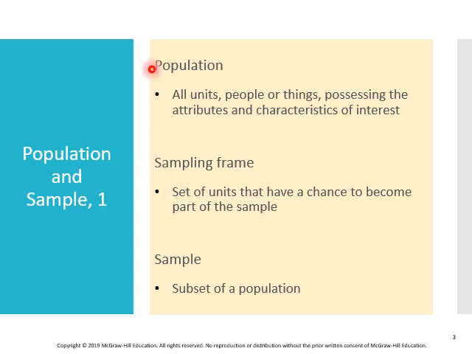So first off, let's talk about population. That's the first concept in this chapter. A population is where all the things or the people in a community or a setting, every single one of them, possess the same attributes or characteristics. For example, let's say college students, just generically. What is consistent among all college students?